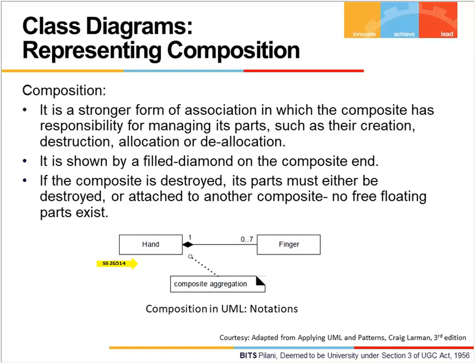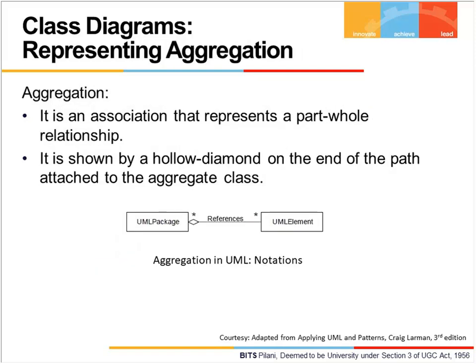In aggregation, I'll go back to the previous slide. In aggregation, the parts can have individual existence. So my UML elements can have individual existence. Whereas, this is not the case in a composition.